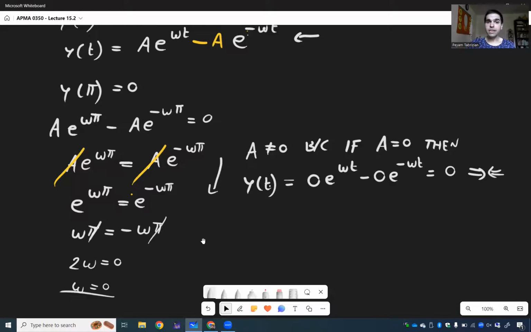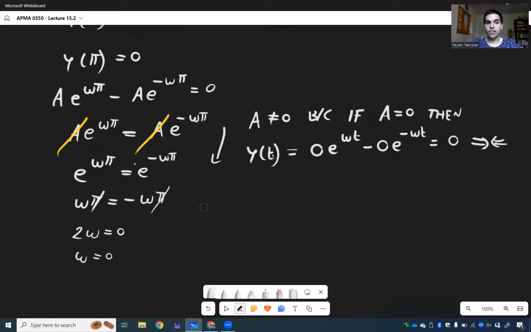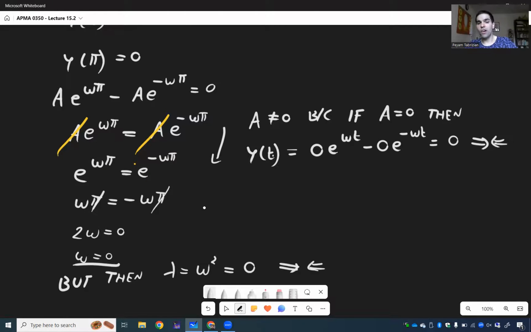But the problem is, if omega is 0, then lambda would be 0. Lambda, remember, is omega squared, is 0. And again, this contradicts the fact that lambda is positive.